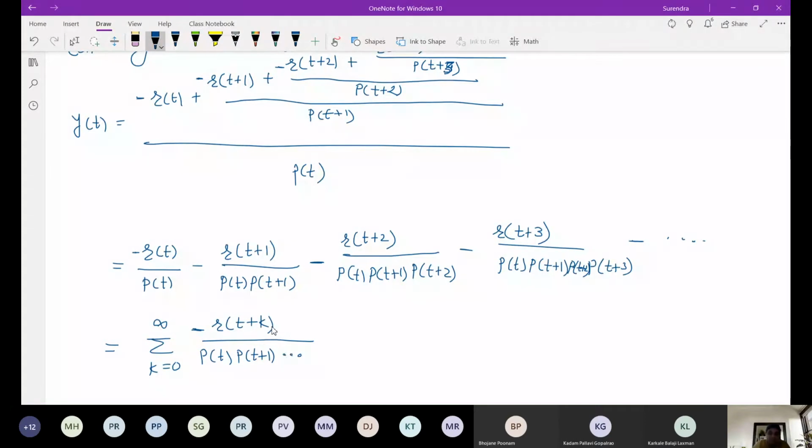Here, if it is T plus K, then what is needed here? Minus R at T plus K, P of T plus 1. So what should be here? P at T plus K. Am I right?